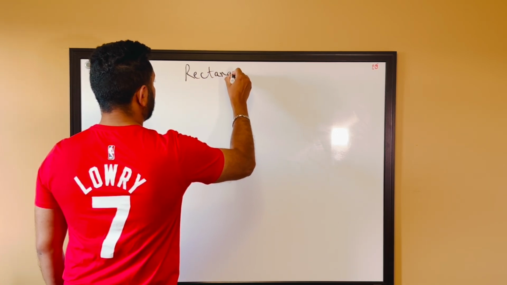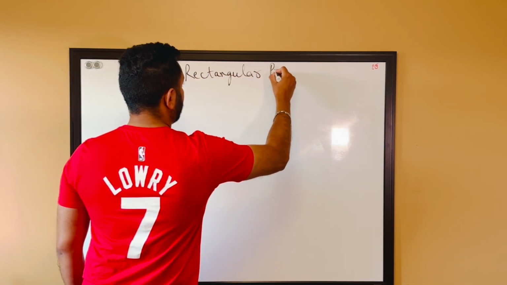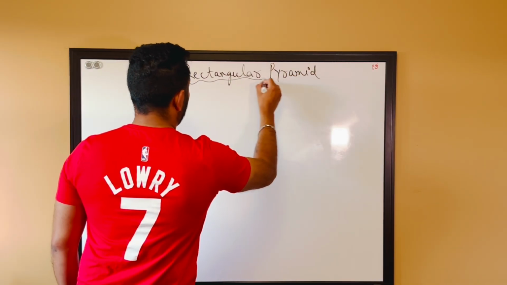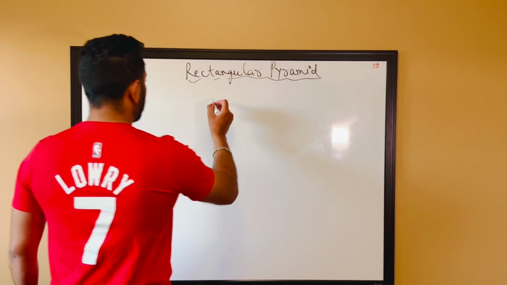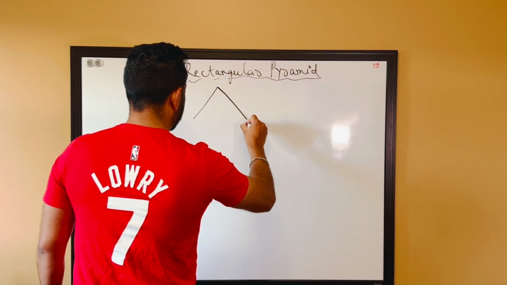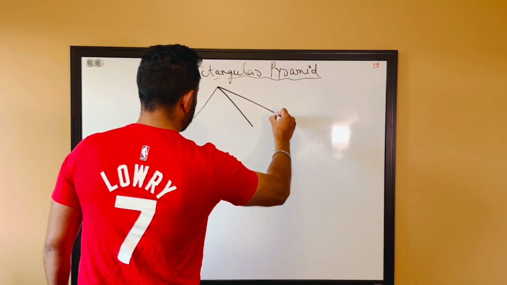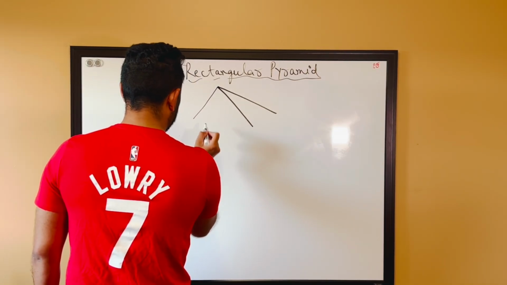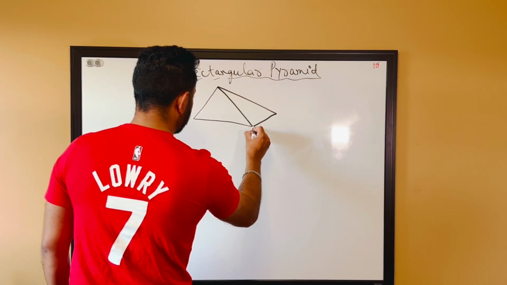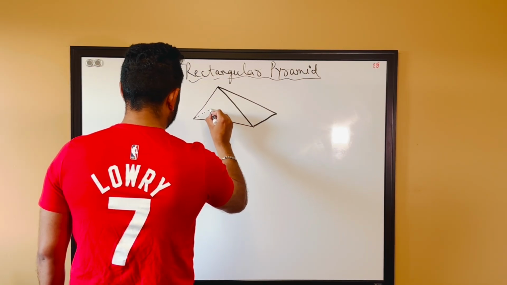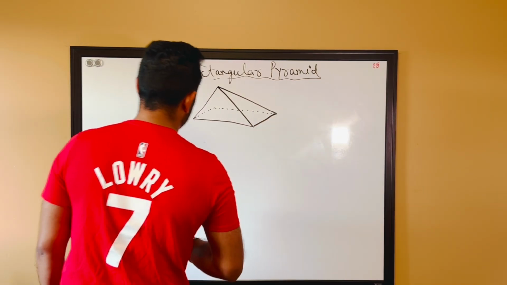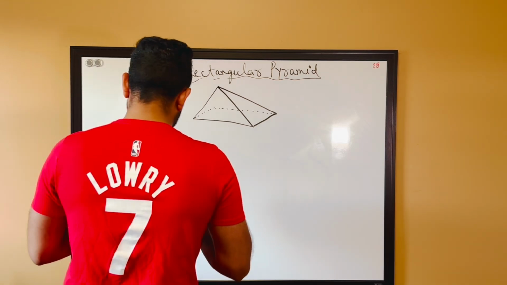Rectangular pyramid. And how are we going to draw it? Let's draw two rectangles, and from the bottom connect the vertices and then make the base, which is in the form of a rectangle.